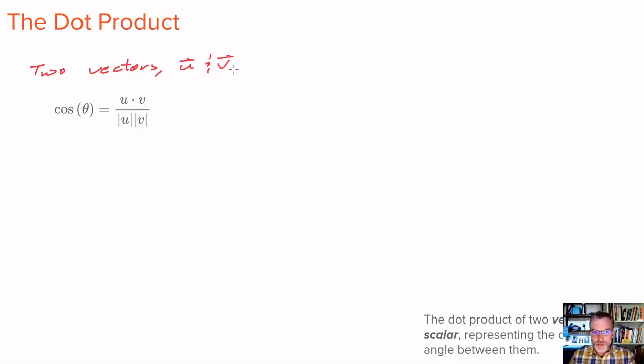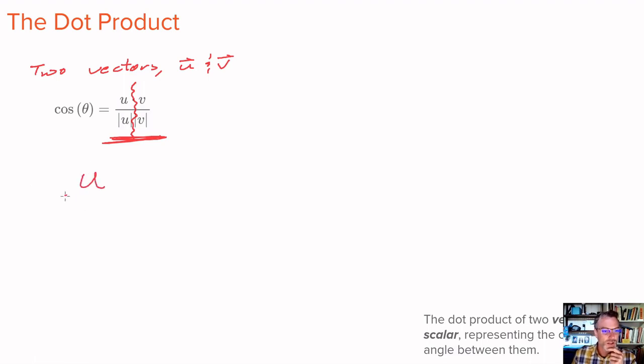The dot product between those two vectors is a scalar, so a number, not an ordered list of numbers, that represents the cosine of the angle between them. But let's look at what this is. This actually looks familiar from our vectors topic. If we just cut this here, what do we have on these two sides?